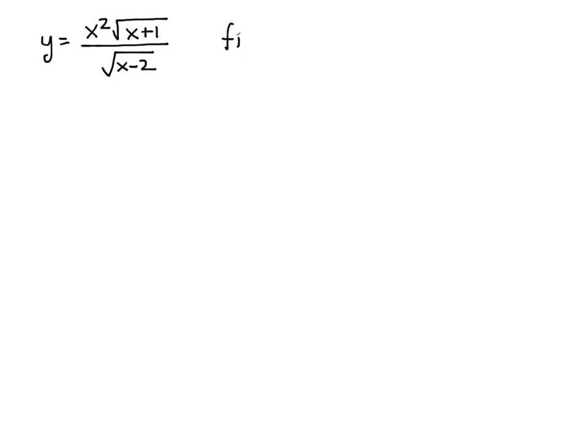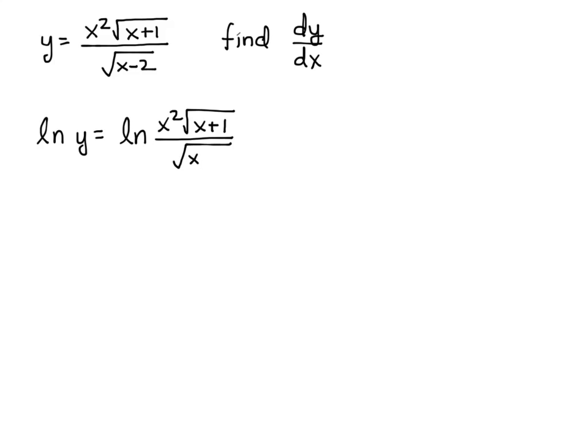Okay, so let's say this one. Not a very fun one to do with the quotient rule, right? Because in the numerator, you're going to have a product rule and a chain rule. The bottom one, that one's straightforward enough, but it's just going to be a mess. So let's first take the log of both sides.